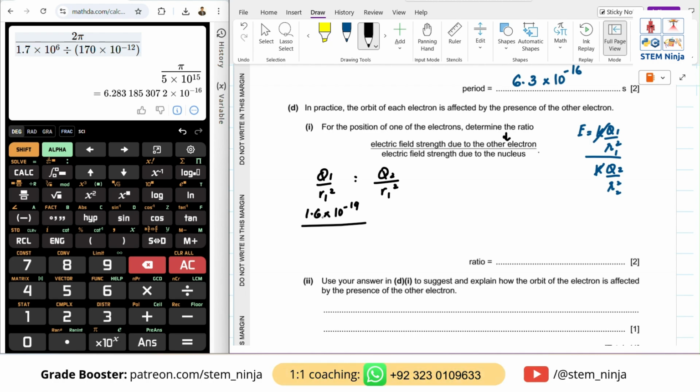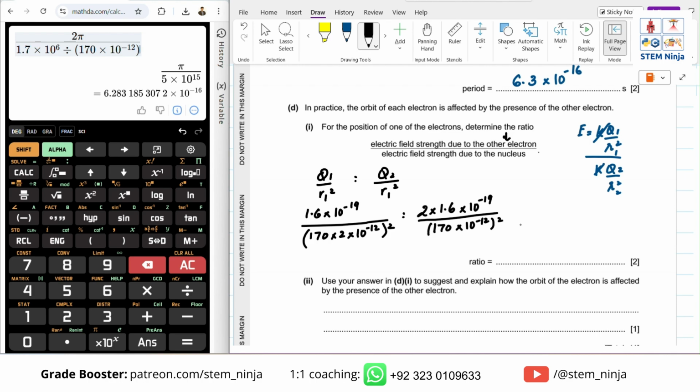The distance to the other electron is a full diameter away, so (170 × 2 × 10^-12) whole squared. Ratio: 2 × 1.6 × 10^-19 divided by the distance to that, which is (170 × 10^-12) whole squared.